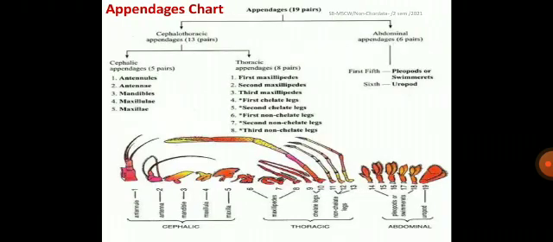And the next diagram here will be the appendages chart, which gives the information about the cephalic, thoracic and abdominal appendages very clearly. These two slides I had already shown you when I explained to you about the morphological structure and the structure and functions of various appendages in Palaeomon. And once again, I am going to make you understand the concept. I am including the same in the particular presentation.